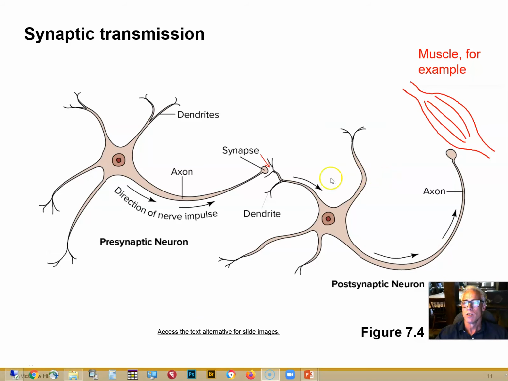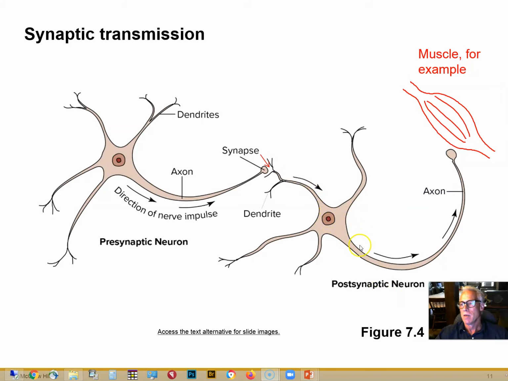Synapses, again, are the junctions between axon terminals and effector organs or other neurons. So a synapse is the little gap between an axon terminal and, in this case, the dendrite of another neuron, the antenna. An impulse, a signal, will travel down the axon of a neuron to the terminals, and neurotransmitter will be released, which will bind to receptors on the dendrites of a postsynaptic neuron.